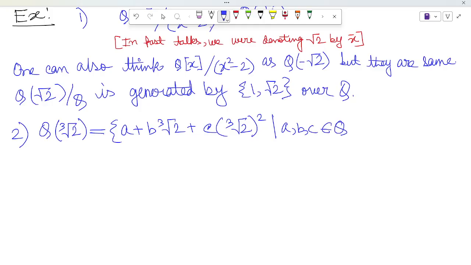Belongs to Q. It is exactly equal to, sorry, for the confusion, it is isomorphic to this thing.